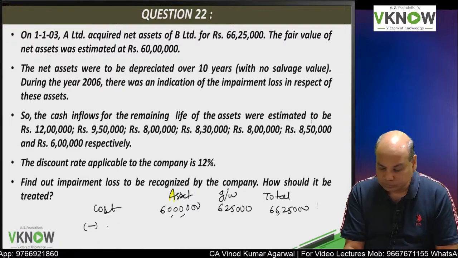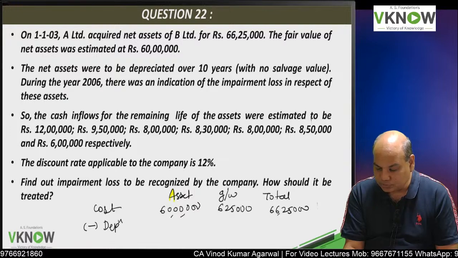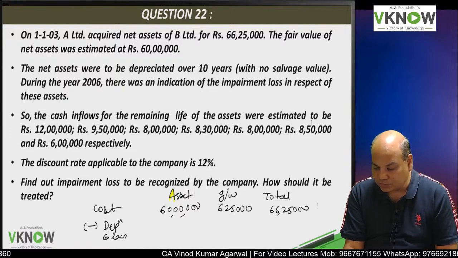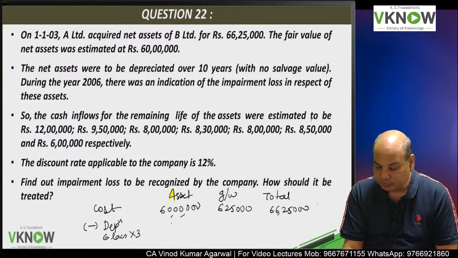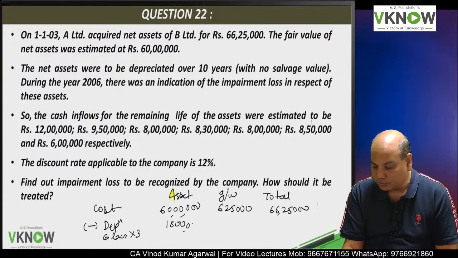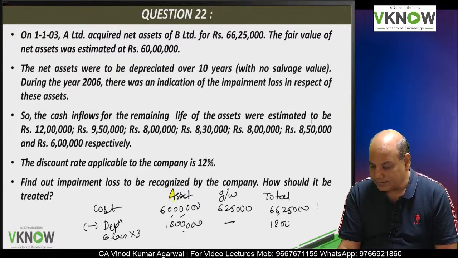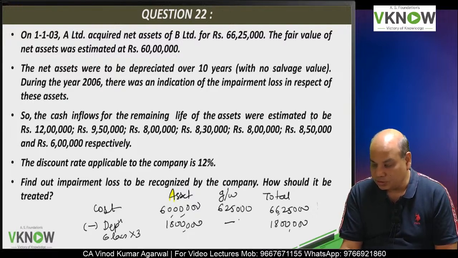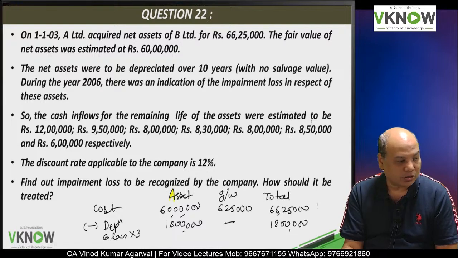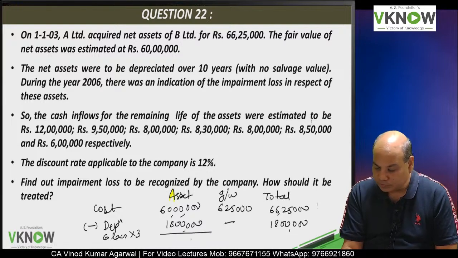Less depreciation on this asset, we will provide depreciation 6 lakhs into 3 years. That is 18 lakh. Goodwill they have not mentioned anything. If goodwill is not mentioned anything, you ignore depreciation or amortization on goodwill.